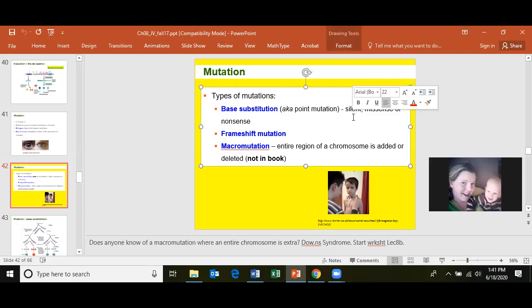Like if we had AUU and we switch it to AUG, don't ask me if those code for the same amino acid, but they might. And if they did, that would be a silent mutation where the DNA is changed, but the protein is not changed because the codons code for the same amino acid. And silent mutations are always neutral mutations. Any question about that?